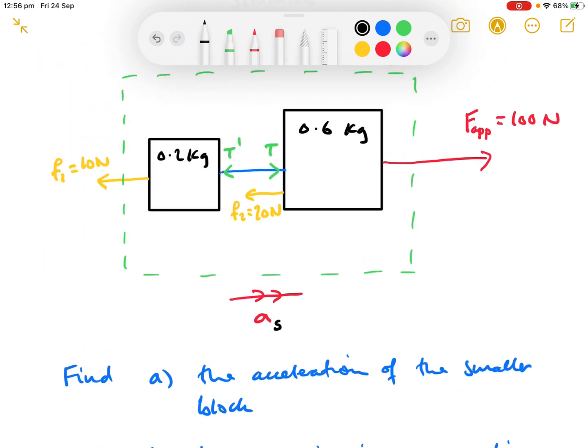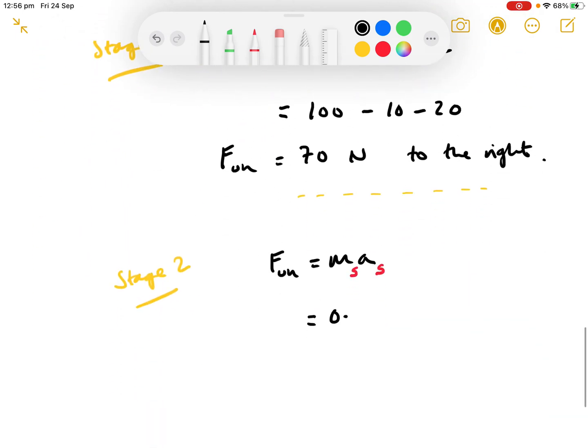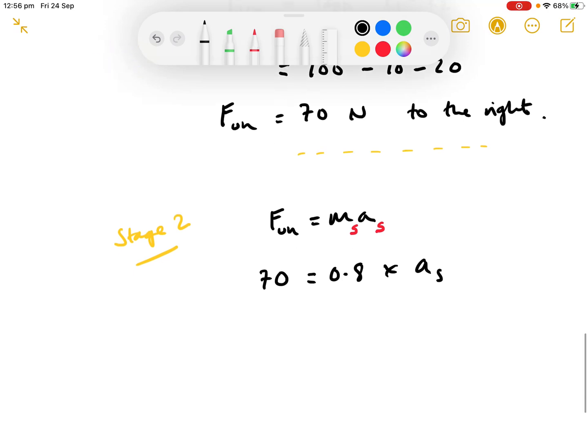Well, the mass of the system in total is the 0.2 kilogram mass added to the 0.6, so that's 0.8. And the acceleration is the unknown. And we now know that the unbalanced force is 70 to the right.